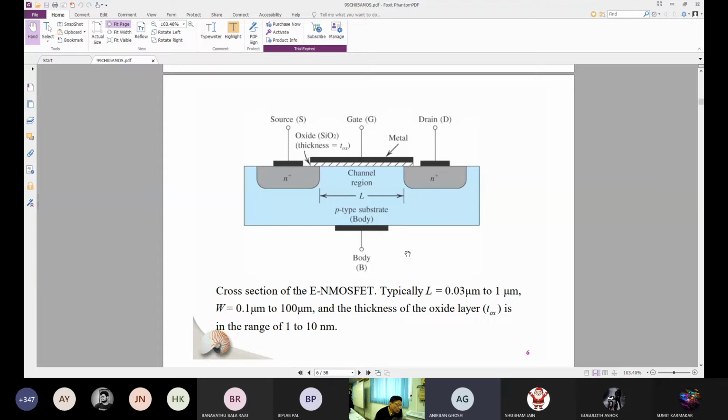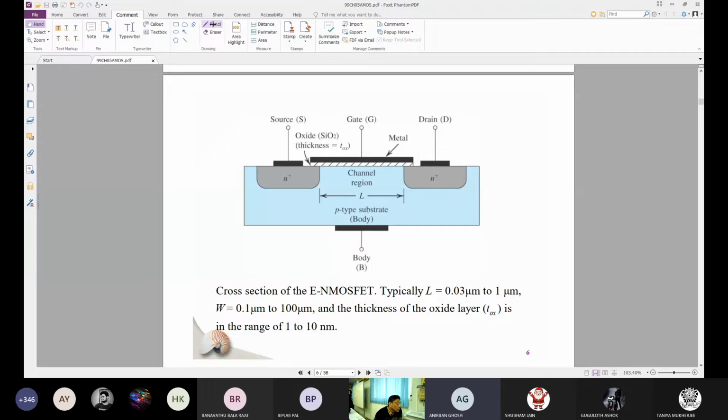Sir, what is the need for the gate to cover the edges of the source and drain? If you do not cover it up to the source and drain, it might happen. Let us consider the gate is up to here. Then what will happen?